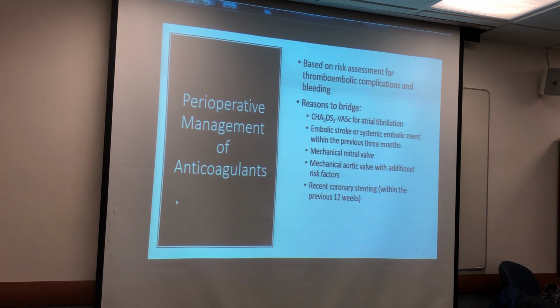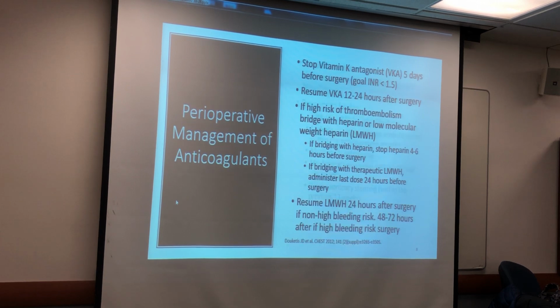Reasons that we do bridging with Lovenox would be for AFib if they have a higher CHADS-VASc score, or if they have a history of an embolic stroke or some other systemic embolic event within the previous 3 months. If they've ever had a clot before when they've been off of warfarin for a procedure, you're likely to bridge them with Lovenox as well. If they have a mechanical mitral valve, or a mechanical aortic valve and additional risk factors, or they have recent stenting.